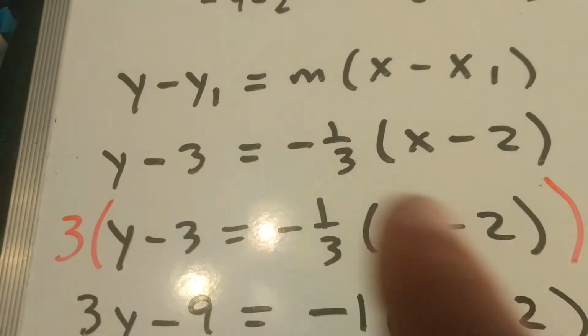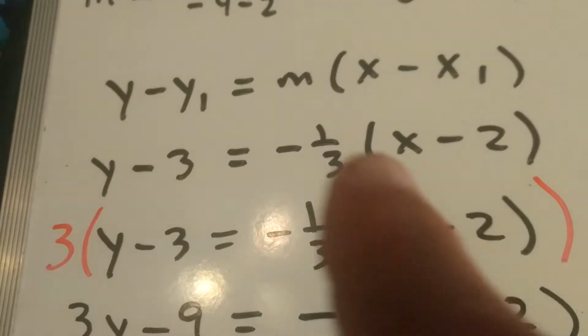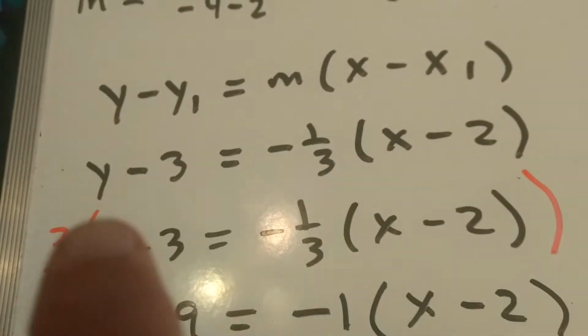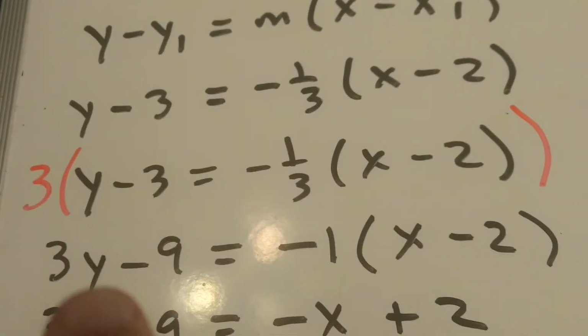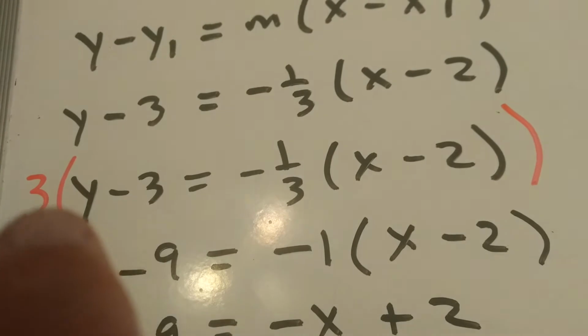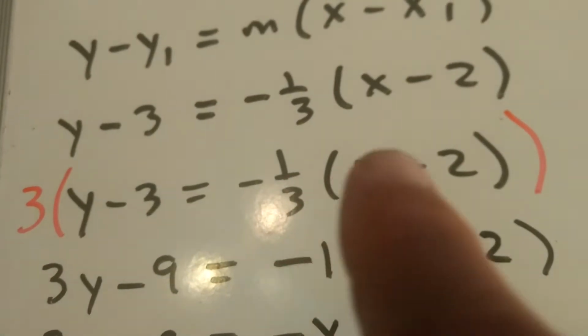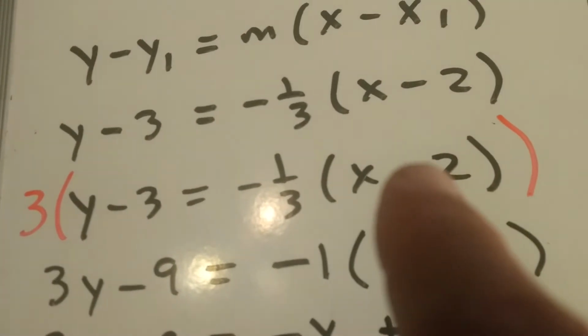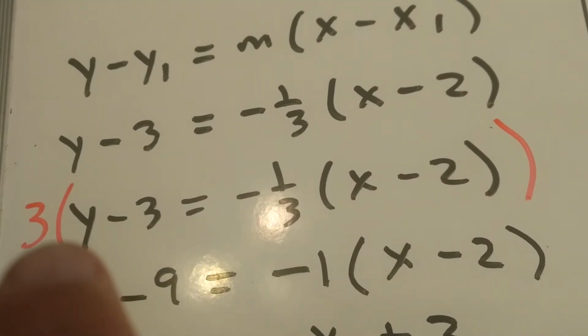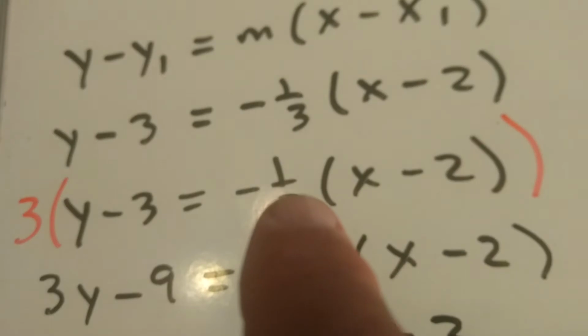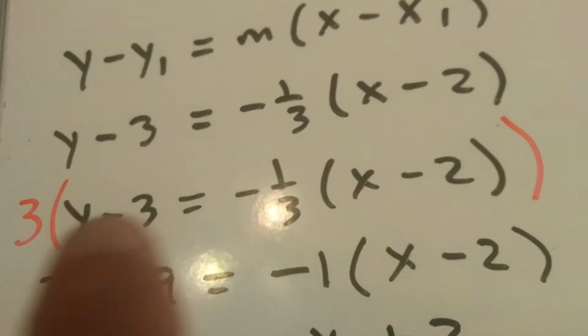First thing I'm going to do is what we learned in algebra. I'm going to get rid of the fraction. So I'm going to multiply this whole equation by 3. Multiply this by 3, I get 3y. This by 3, I get 9. This by 3, I get negative 1. I don't have to multiply what's in parentheses because this negative 1 is a product of 3 times negative 1/3, which means the negative 1 is already taken into account.